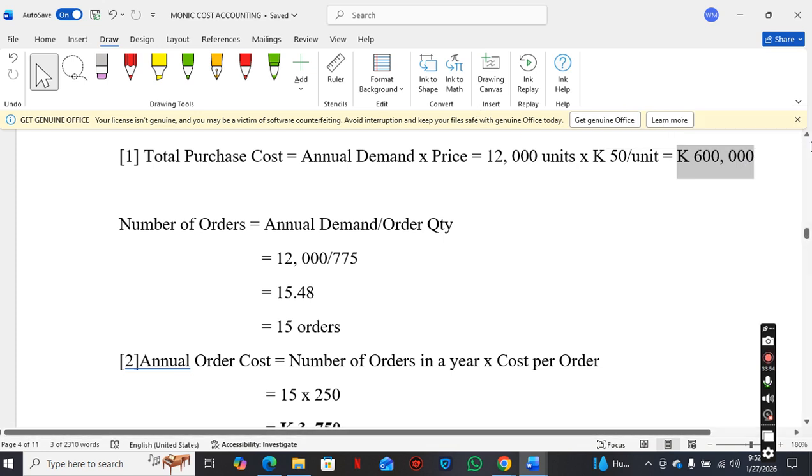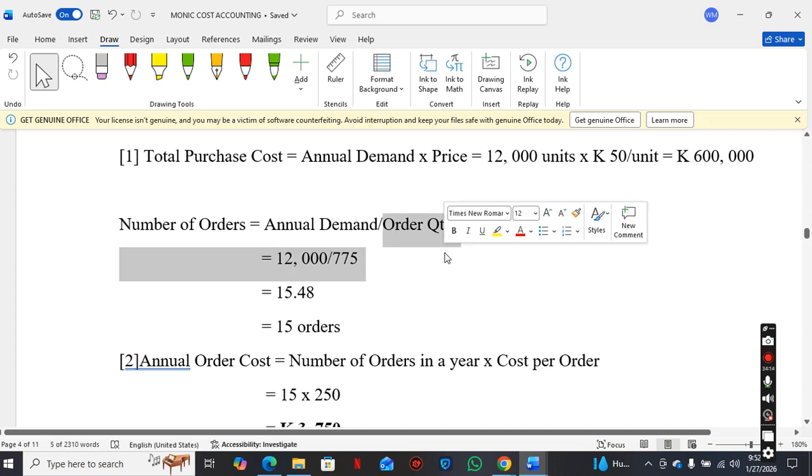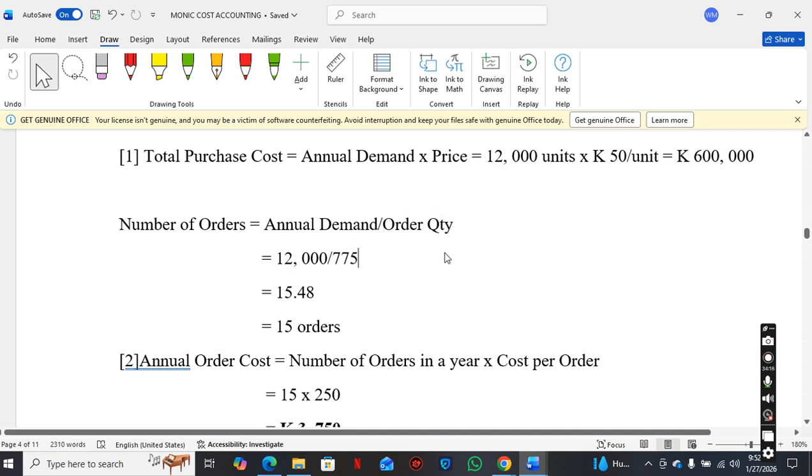Then next, we find our annual order cost. Number of orders in a year multiplied by cost per order. Okay, so how do we get the number of orders? The annual demand divided by the order quantity. So we're using our EOQ here.